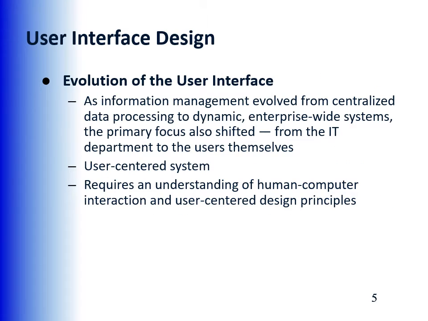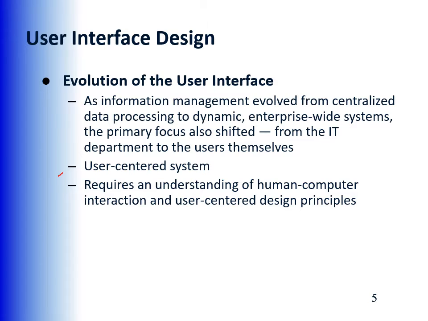Okay, as information management evolved from centralized data processing to dynamic, which is enterprise-wide systems, the primary focus also shifted from the IT department to the users themselves. Okay, this is what we call user-centered system. So, in a user-centered system, the distinction blurs between input, output, and the interface itself.